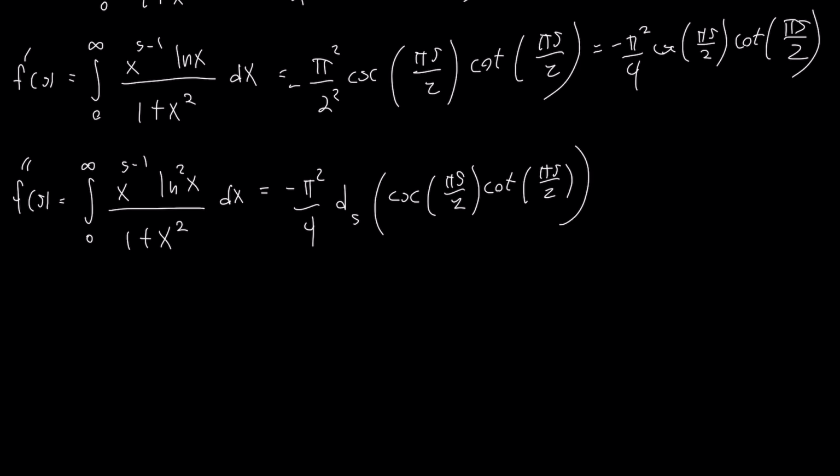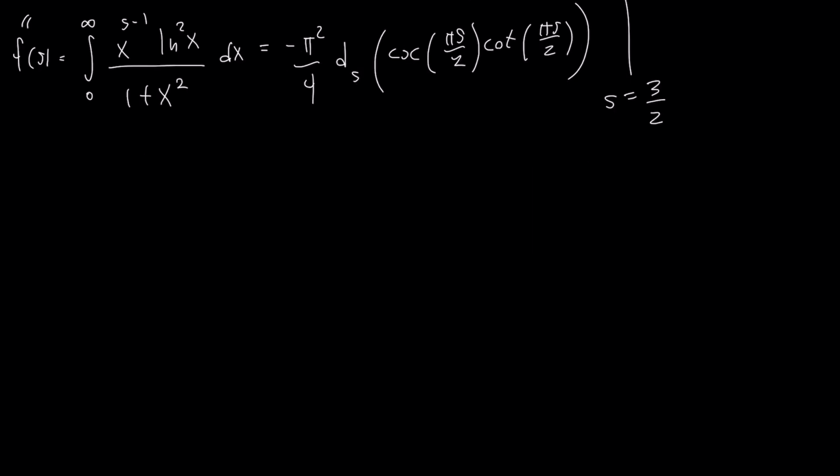And we're interested in the case when s equals 3/2. We now have that our f double prime of s is equal to minus pi squared over 4 times the derivative of cosecant of pi s over 2 times the cotangent of pi s over 2.